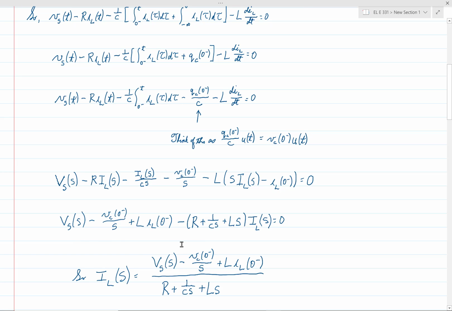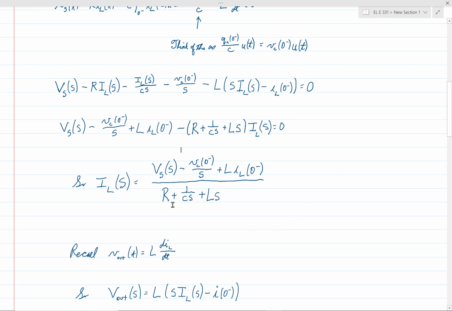Then I take all this stuff dealing with IL over to the other side of the equation and divide by the coefficient of IL. And so I end up with this equation: IL of s is equal to the Laplace transform of the source minus this initial condition term for the capacitor, and then the initial condition term for the inductor, all divided by R plus 1 over Cs plus Ls.